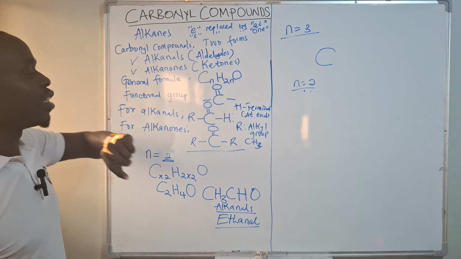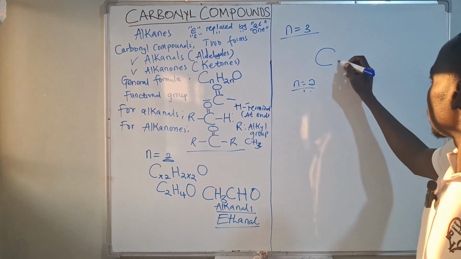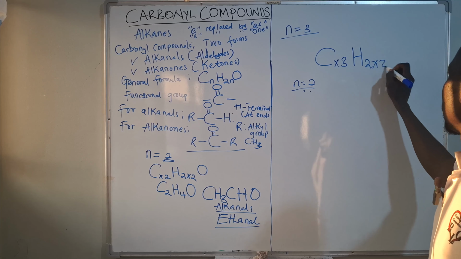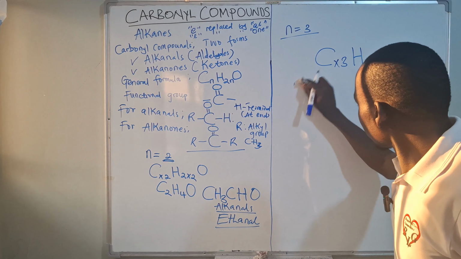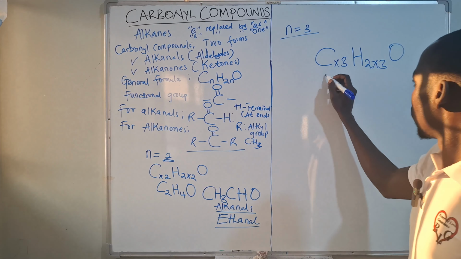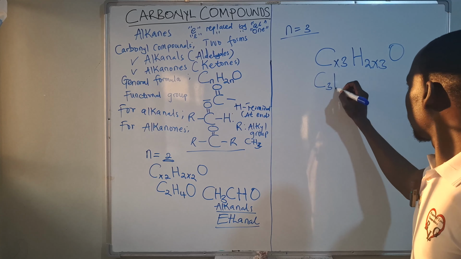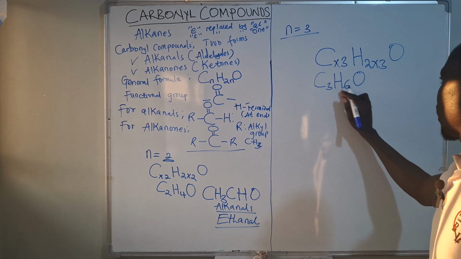So let's say n is equal to 3. If n is equal to 3, we say C times 3, H 2 times 3, so we have C3, then the hydrogen atoms, 6 of them, and O.